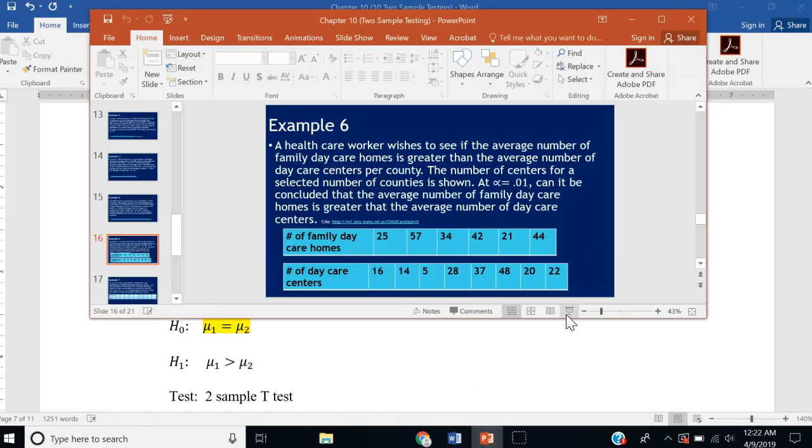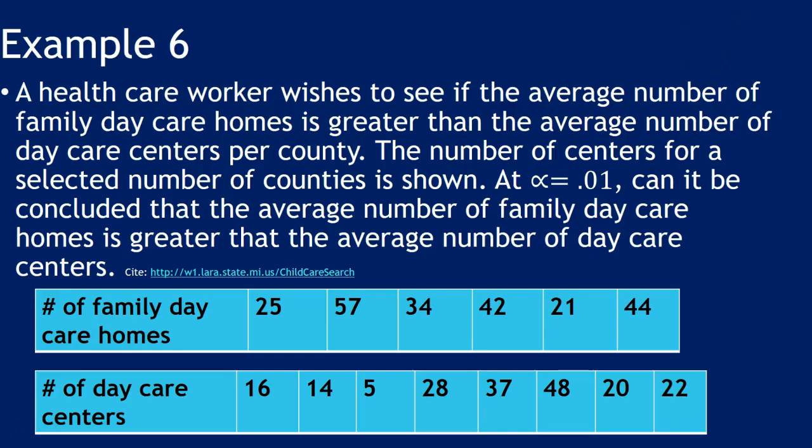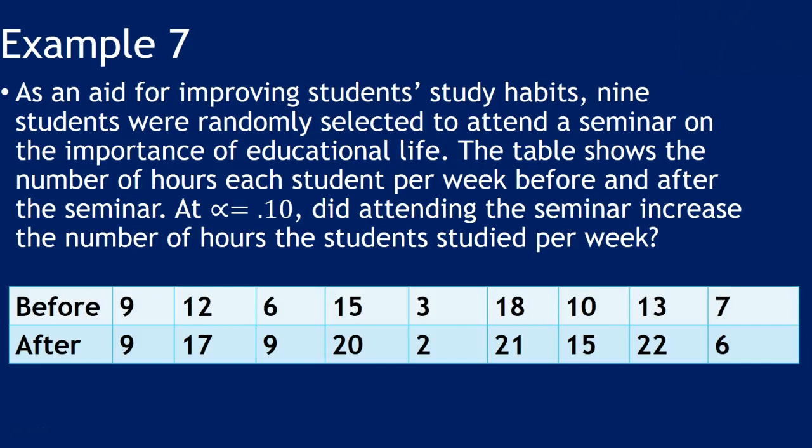Now, the next problem changes. It says, as an aid for improving students' study habits, 9 students were randomly selected to attend a seminar on the importance of educational life. The table shows the number of hours each student studied per week before and after the seminar. There's a typo there.